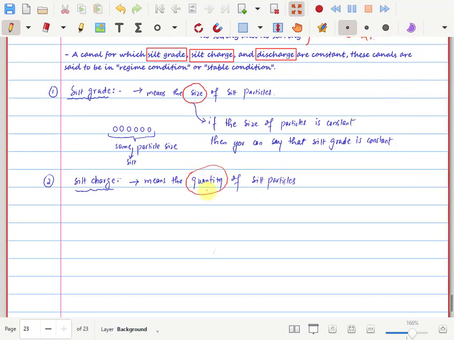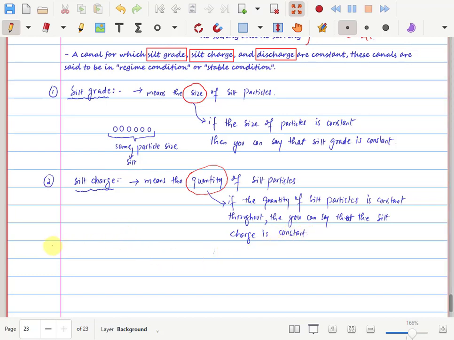So again, if the quantity of silt particles is constant throughout, then you can say that the silt charge is constant.